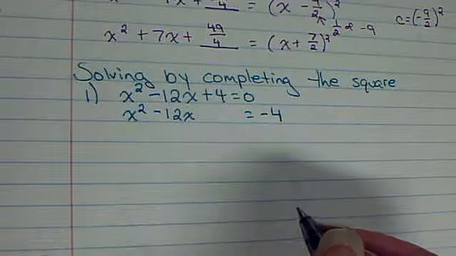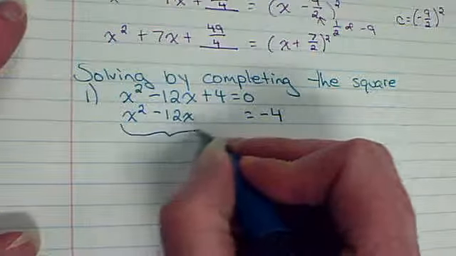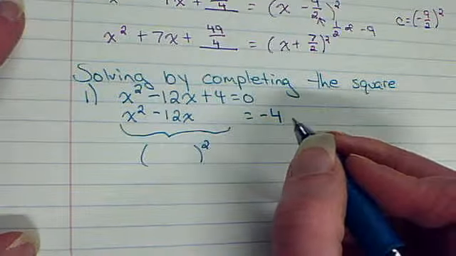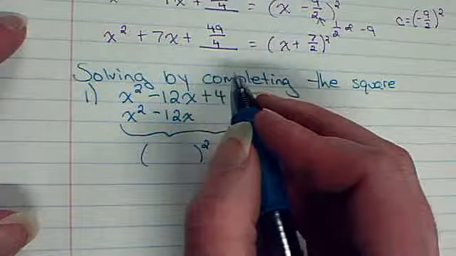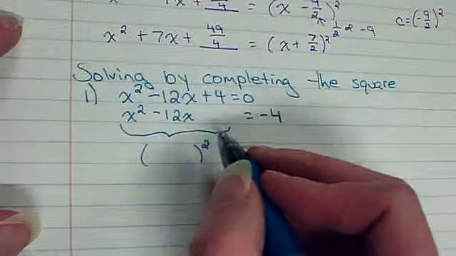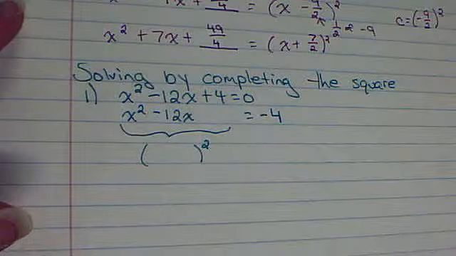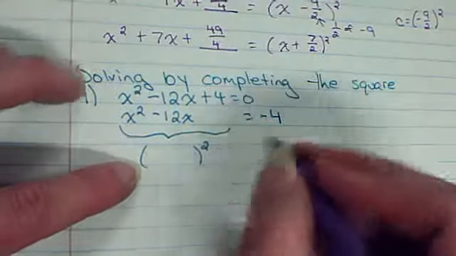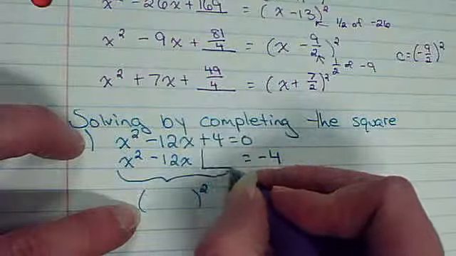Now I really want to think about, we want to make this be something squared. Right? Now we have to find something that we can add here that would complete the square. So like what we're filling in the dots here. Whatever we add here completes the square.